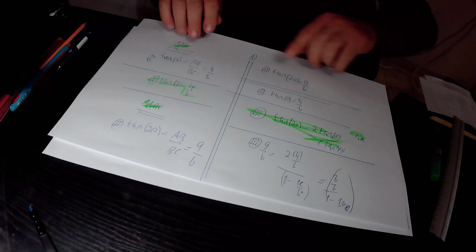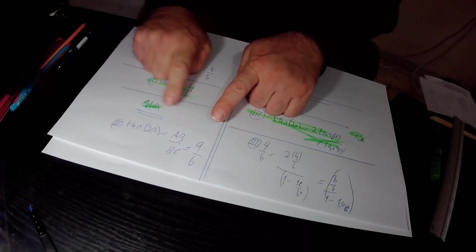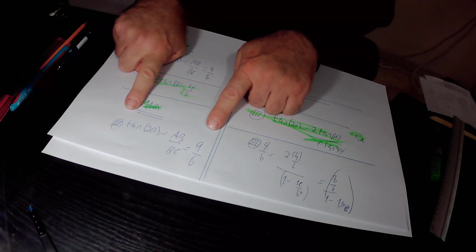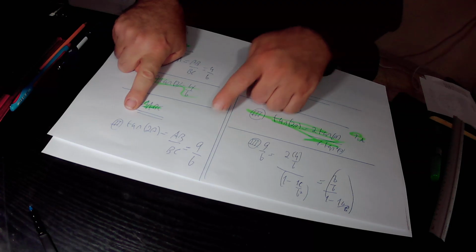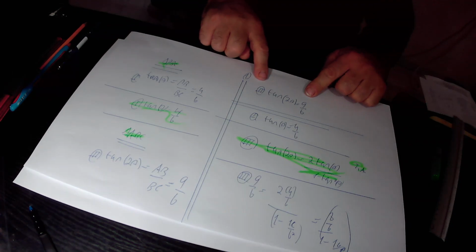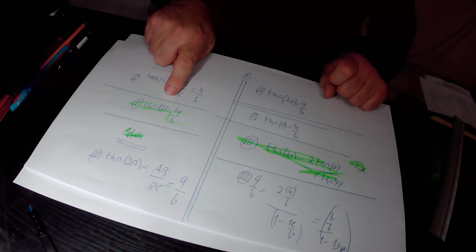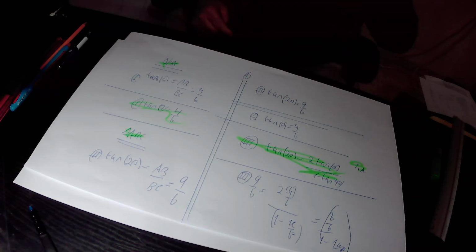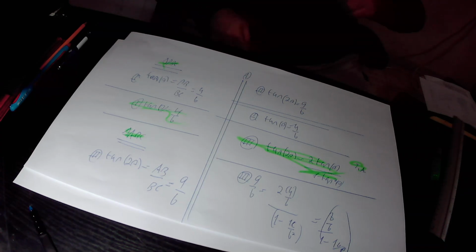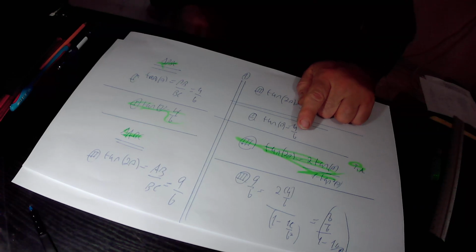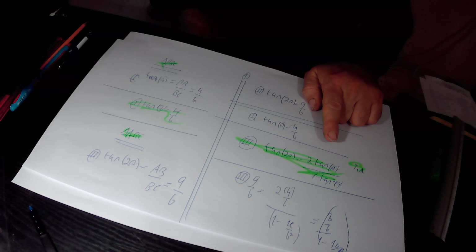So in total, according to equation 2, tan 2 theta equals 9 over b, while according to equation 1, tan theta equals 4 over b. We have the trigonometric identity that says tan 2 theta equals 2 times tan theta over 1 minus tan squared theta.